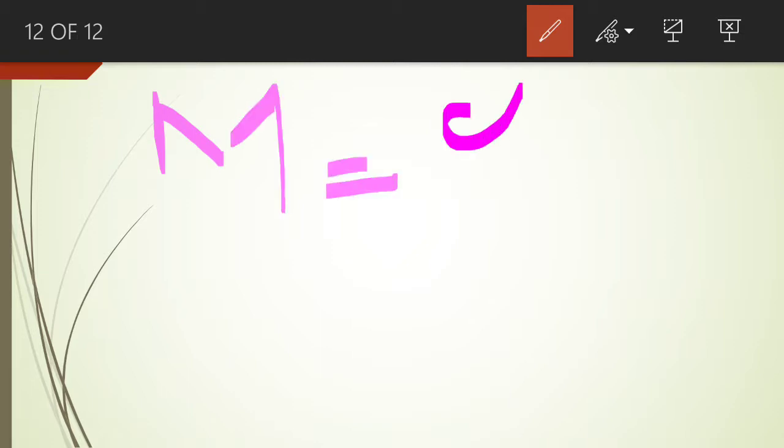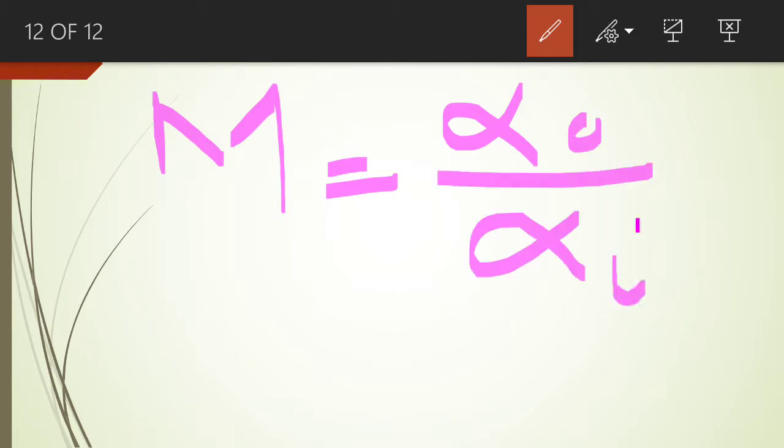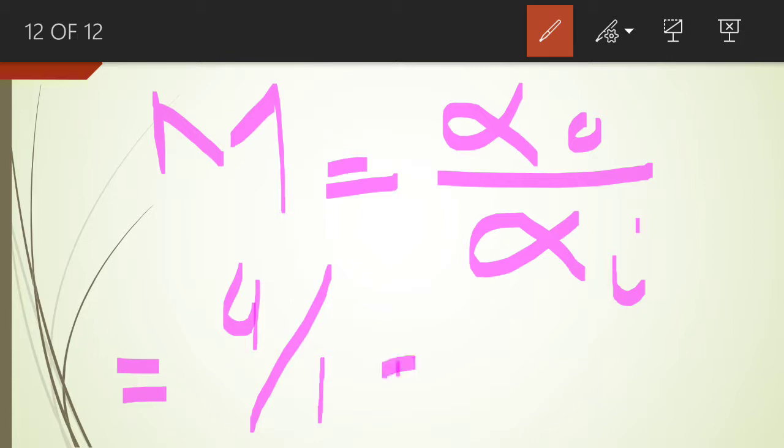So let us calculate the magnification, that will be equal to alpha naught divided by alpha I. So we can calculate the magnification of the spherical lens with the help of these two parameters. And we know alpha naught is 4 and alpha I is 1. So the magnification of this spherical lens will be 4.